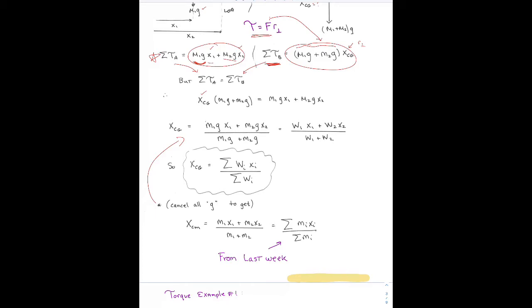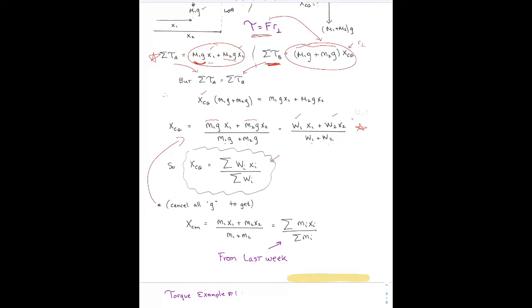Then m1g is the weight of person 1, m2g is the weight of person 2, and on the bottom I wrote weight 1 plus weight 2. Then I just wrote this in its compact form. If I had 3 things, I'd have to add weight 3 times x3, and another one on the bottom, and so on.